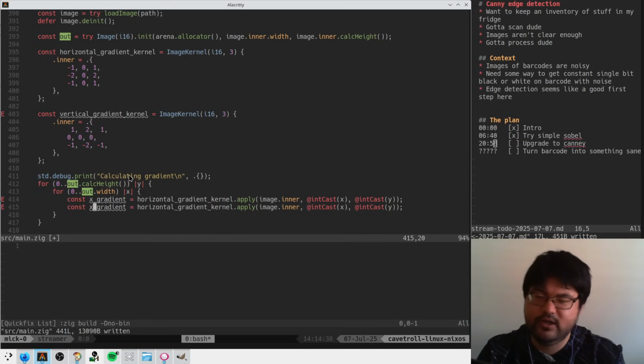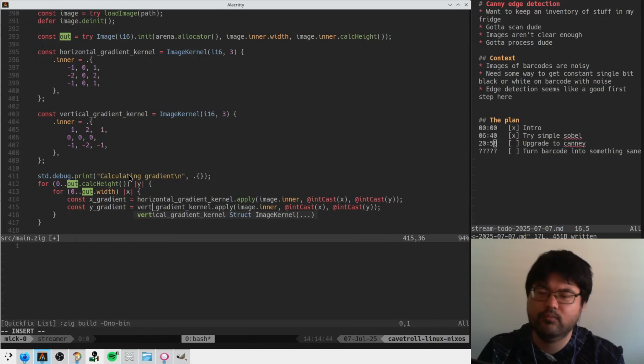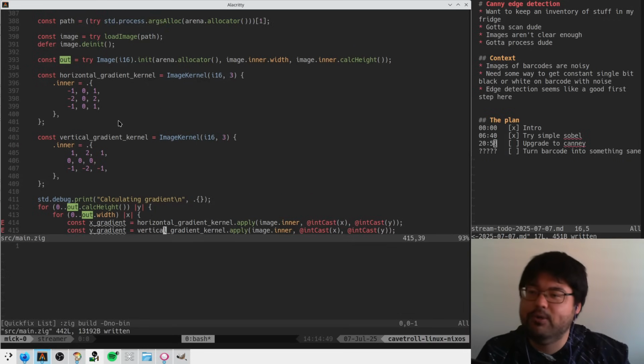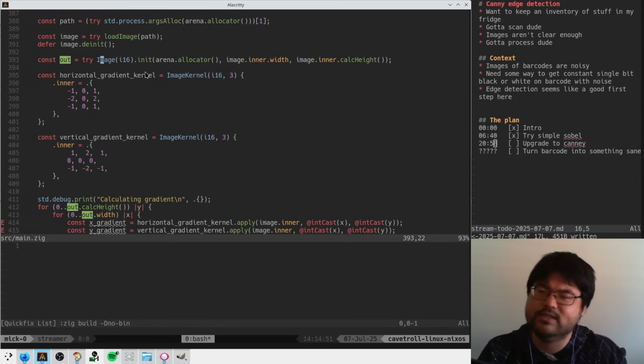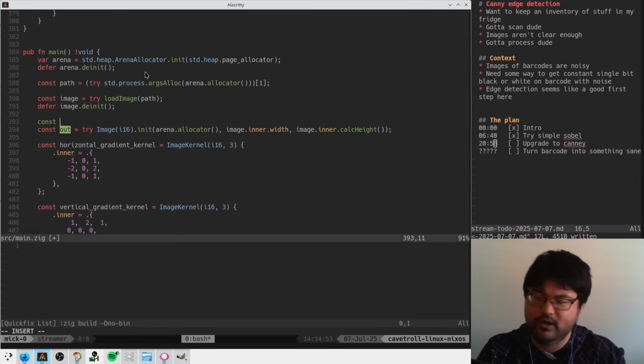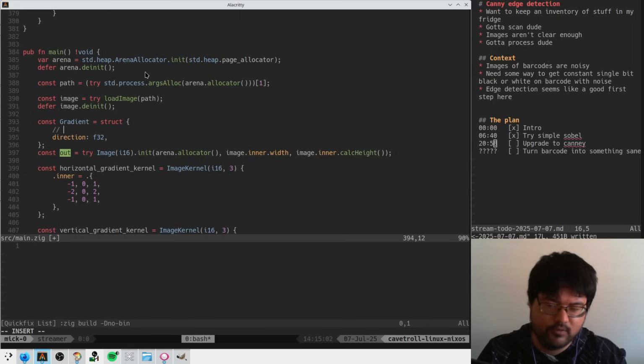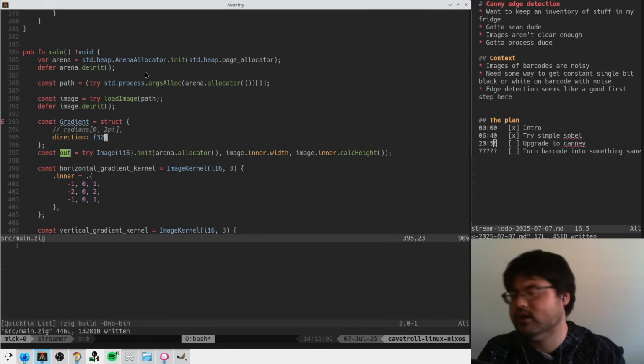Okay, so we have the x and the y gradient. I think we do have to apply this on every single pixel, okay? So can we then stash this? Our output now is not just a single number. I think it's an I16 plus direction, right? So can we call this a gradient that has a direction? Which is just radians, 0 to 2 pi, I think is reasonable here.